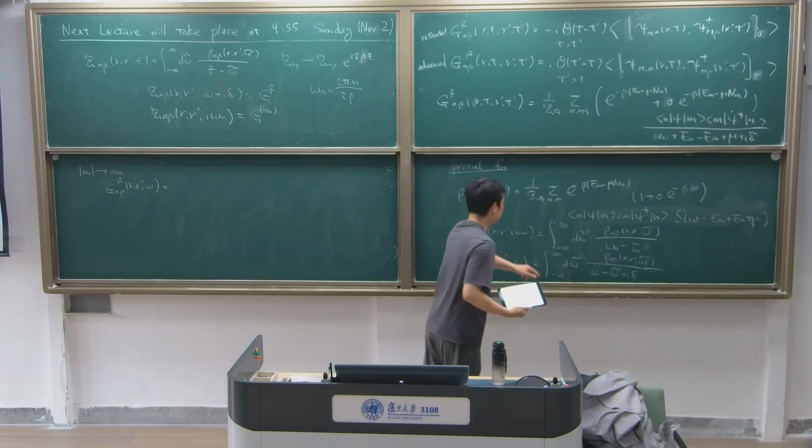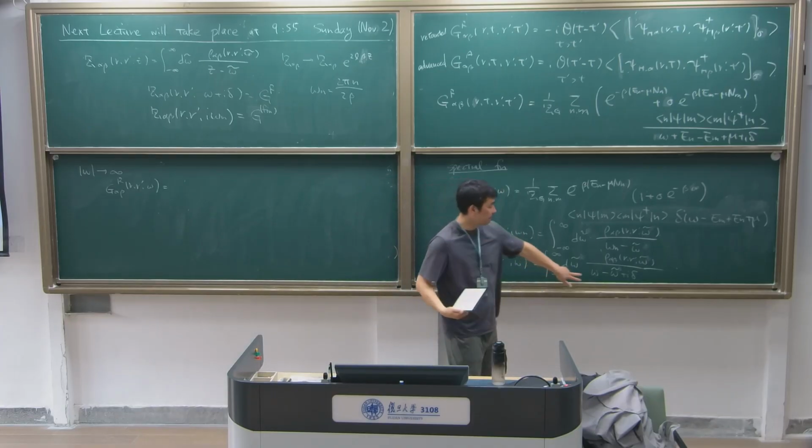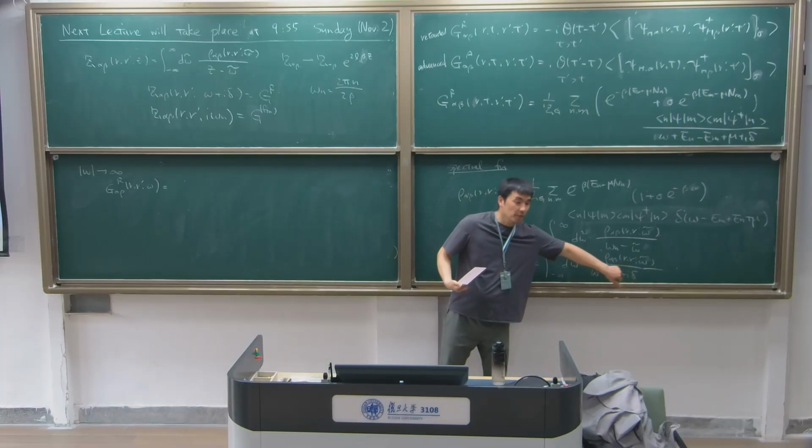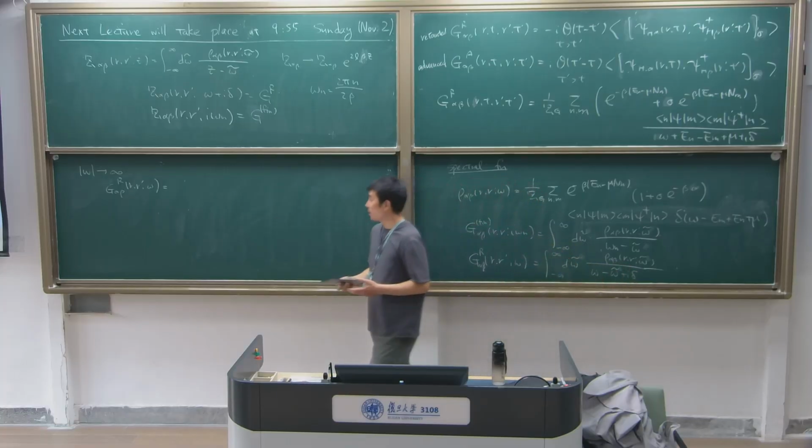So if you use this relation, if omega is big enough, this term can be negligible, so this becomes dominant.